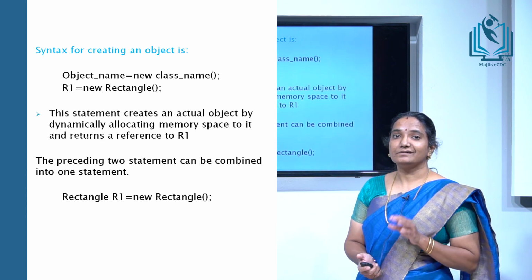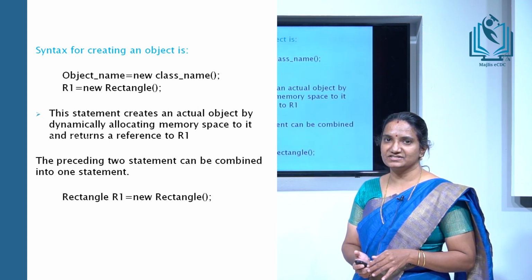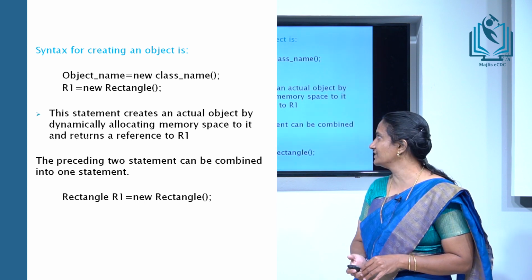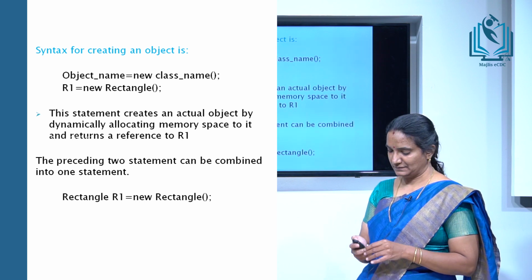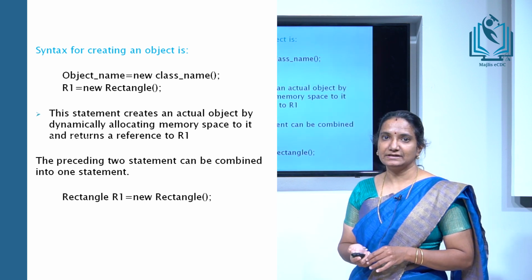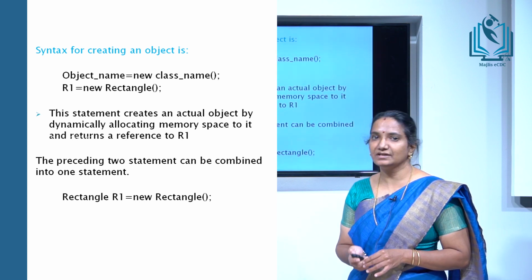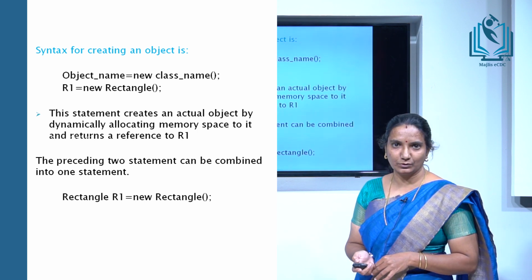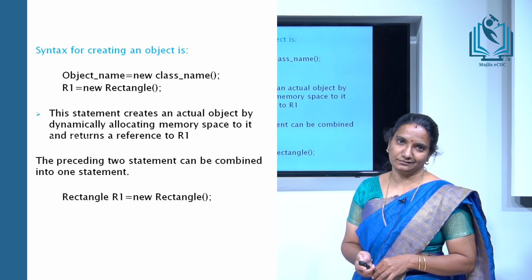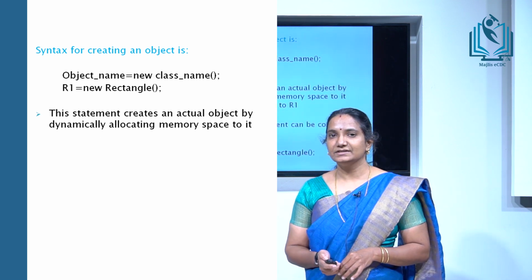This statement creates an actual object by allocating memory space and returns a reference to r1. The above two statements can be combined into a single statement. That is, Rectangle r1 equal to new Rectangle. That's all about our second topic.